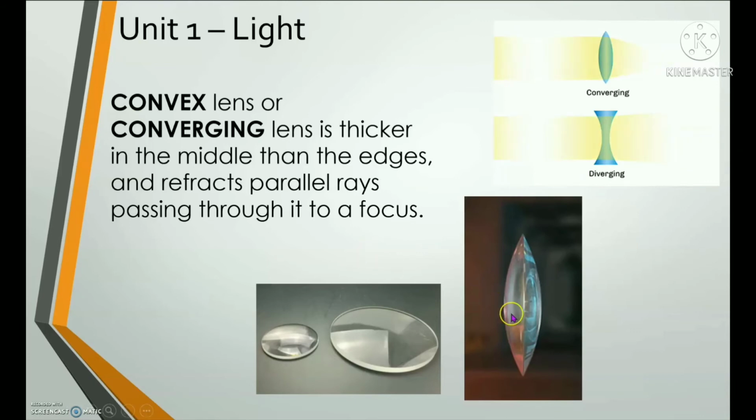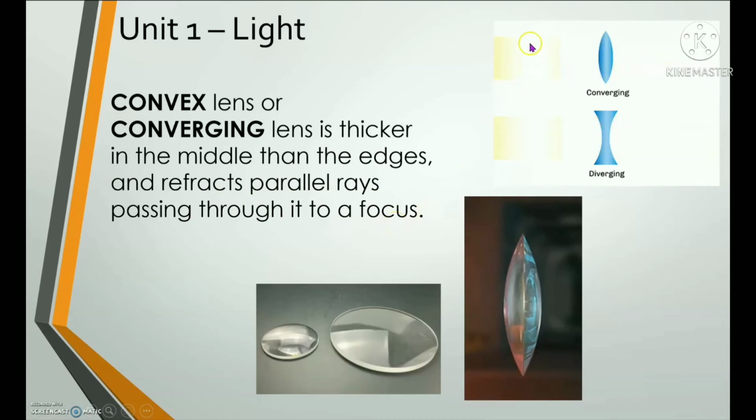Very good. So this is a convex lens. As we can see, it says that it is thicker in the middle. The middle part is thicker. And it also refracts parallel rays passing through it to a focus.